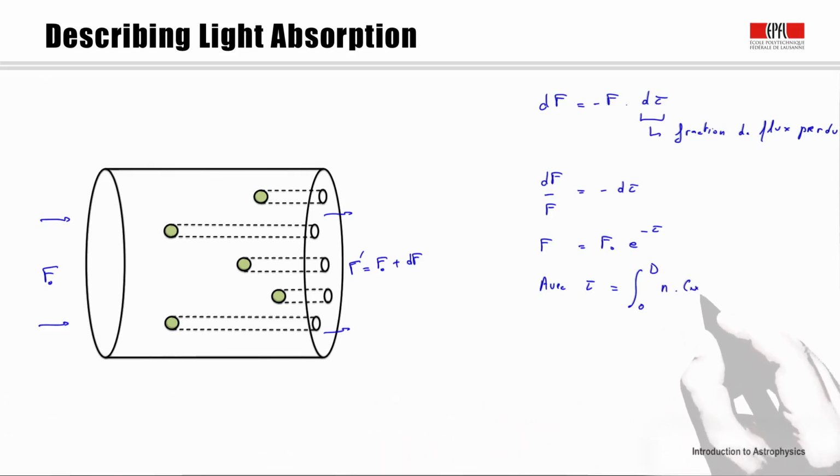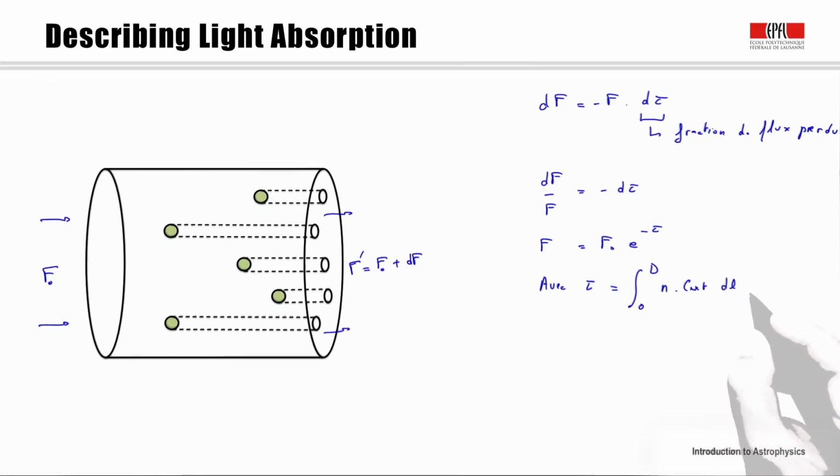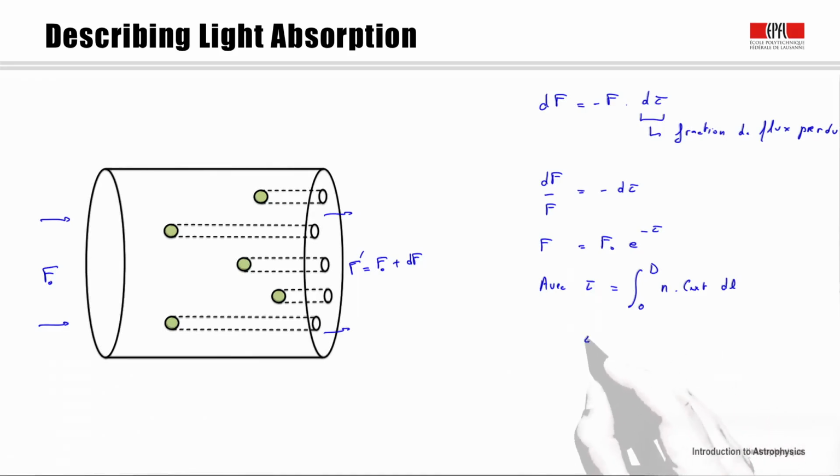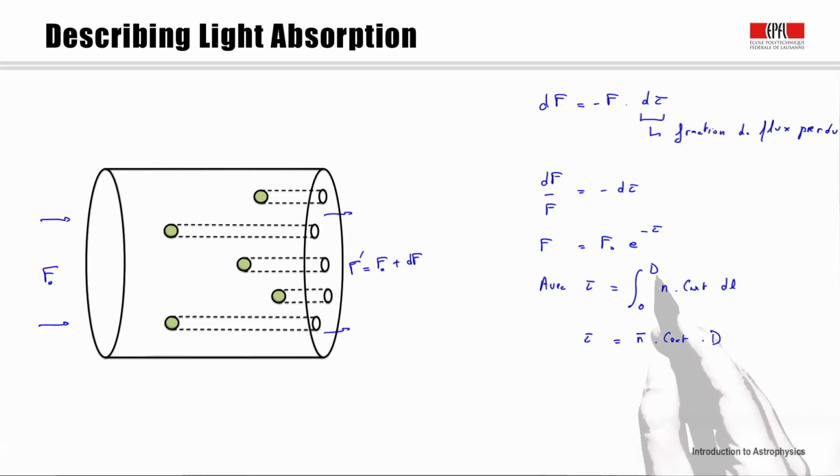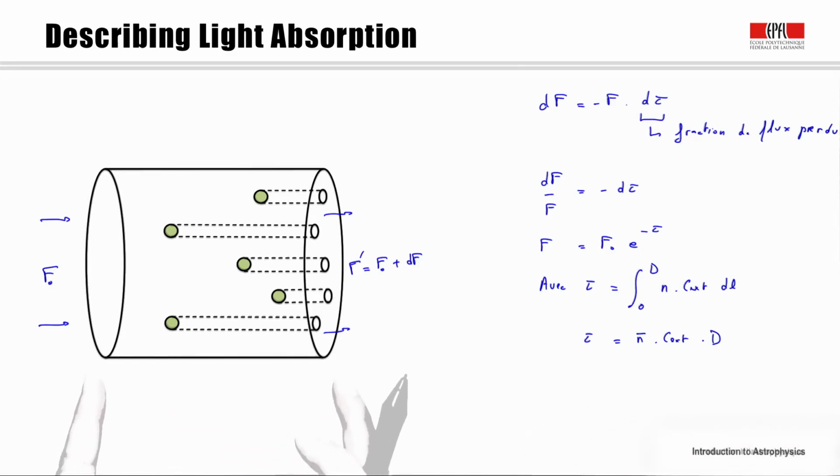Here we have n times the extinction coefficient times dl. If we assume that there is on average n particles along the line of sight, we can simplify this expression. τ would be n mean times the extinction coefficient times the distance. This is the result of the integral with the assumption that the number of particles can be approximated by some mean value from the distance 0 to the observed object at some distance d. So the integration is made from one volume element to another.